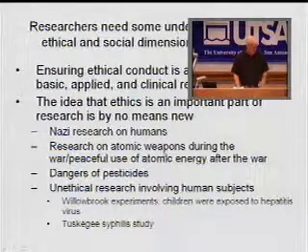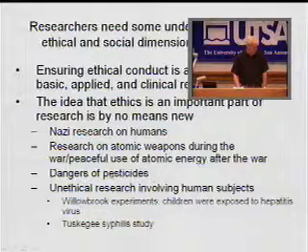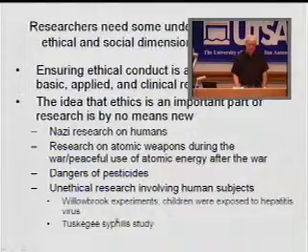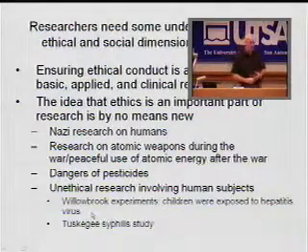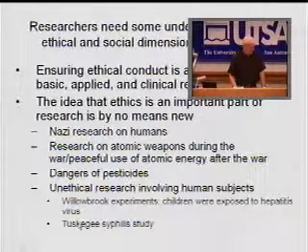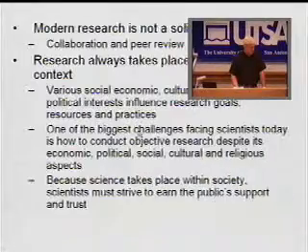Research on atomic weapons, a very obvious one, dangers of pesticides, unethical research involving human subjects, such as the Willowbrook experiments, where children were exposed to a hepatitis virus. They weren't fully informed of the risk. They may not have received appropriate medical care. And this is true of the Tuskegee syphilis study as well. If you haven't heard of these, you might want to investigate them.